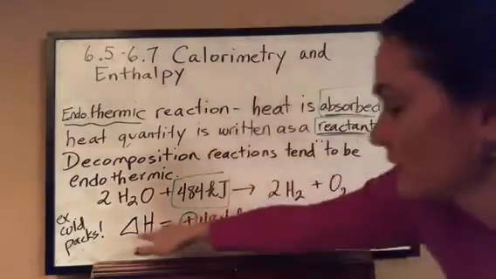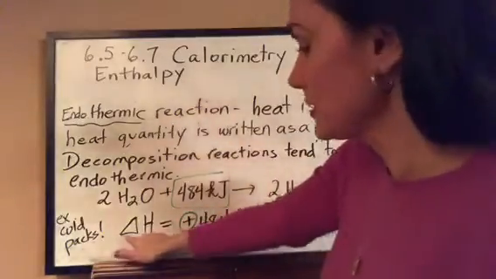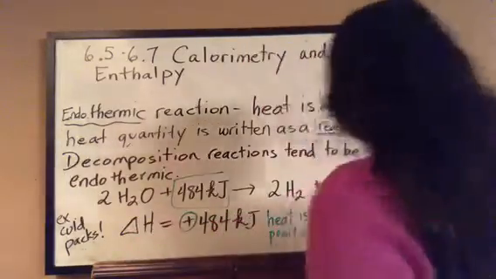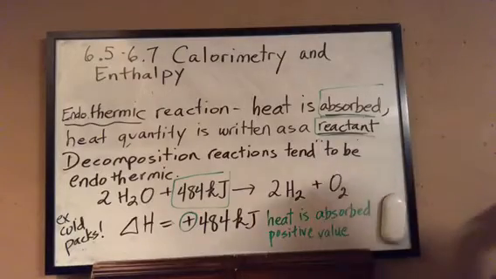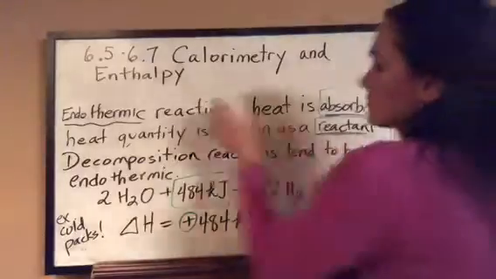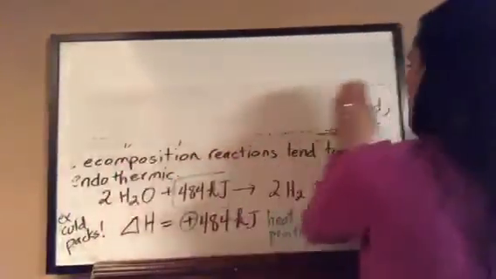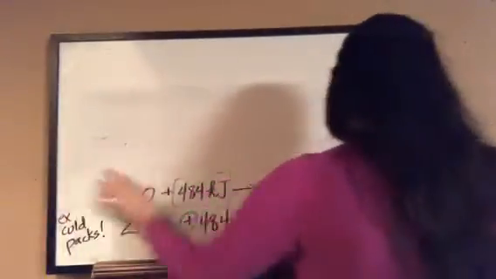So let me just define this term here. The Greek letter delta, which looks like a triangle, and the H, which is for heat of reaction or enthalpy. I've been mentioning it, but maybe for some of you it was the first time you've seen that. Some of you may remember seeing it in a prior chem course, but let's just define what that is.